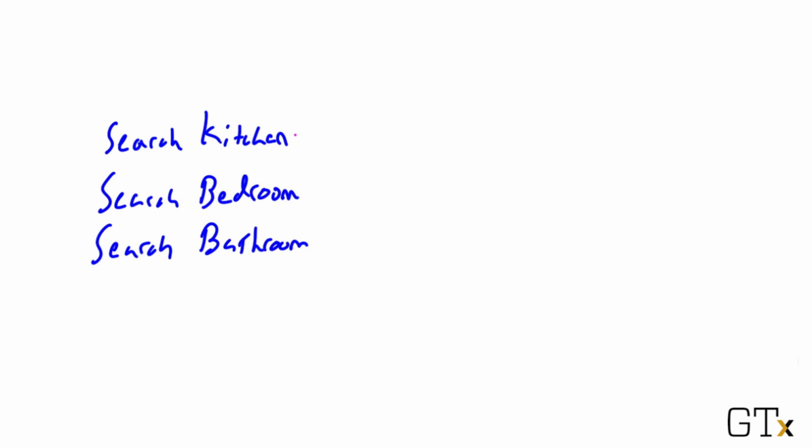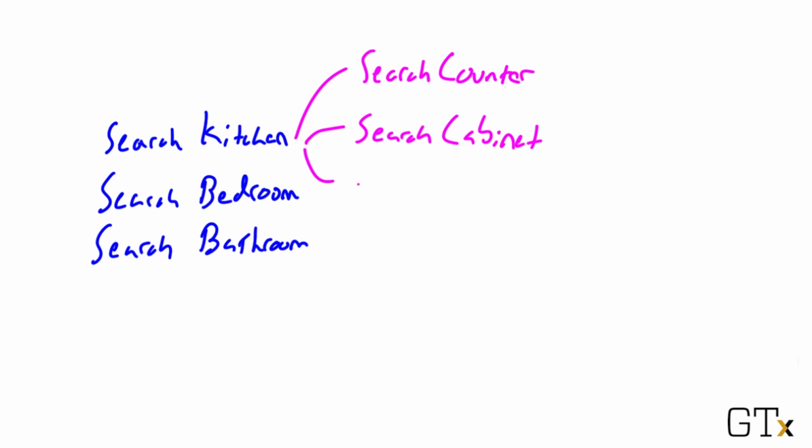For example, search kitchen is probably made out of search the counter, search the cabinet, and search the drawers. When you tell the robot to search the kitchen, it goes to the kitchen, and then it runs these three commands.